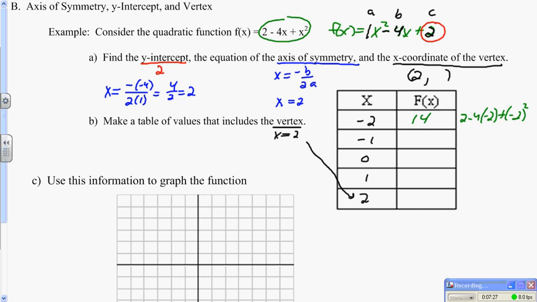We plug in -1. That will give us 2 plus 4 plus 1, which is 7. We plug in a 0, we're going to get our y-intercept, and that will be 2. Plug in 1.